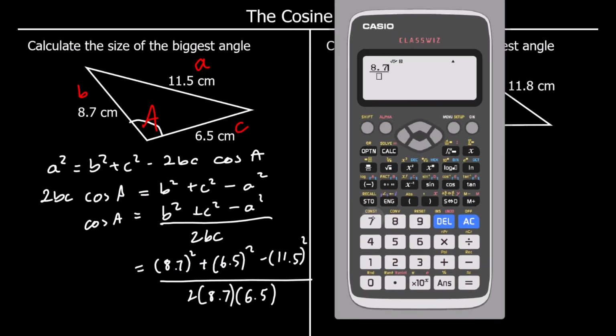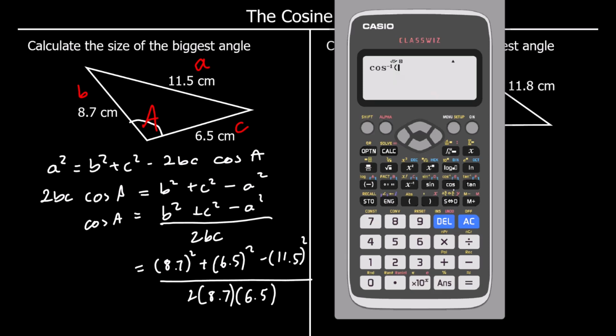So 8.7 squared plus 6.5 squared minus 11.5 squared over 2 times 8.7 times 6.5. So cos A is negative 0.12 and so on.